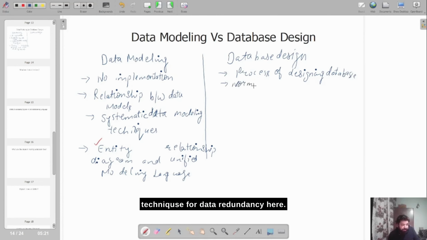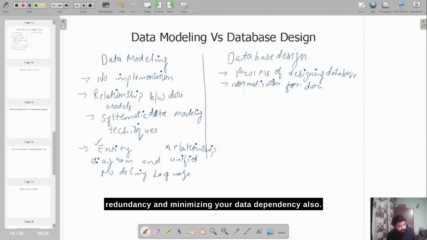Normalization is one of the techniques for reducing data redundancy, and minimizing your data dependency also.